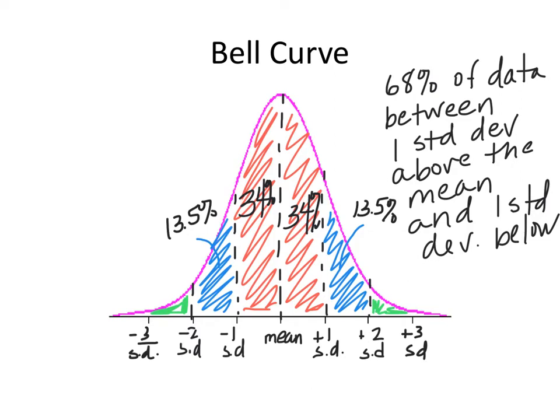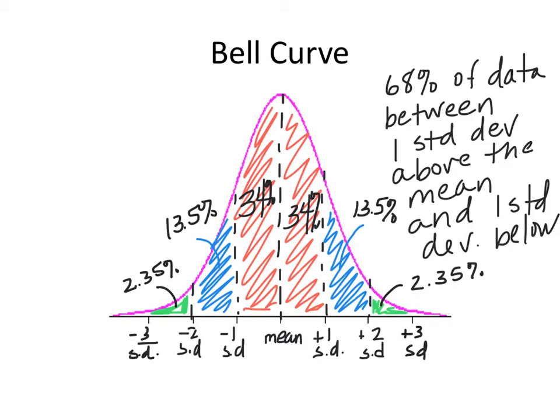It's 68 in the middle, then 95 in the red and the blue, and then 99.7 in the red, the blue, and the green. So now we know that each green part contains 2.35% of the data. So now if we added up all those percentages, we would have 99.7. Our data set has 100% of our data, so 0.3% is outside of these 3 standard deviations.